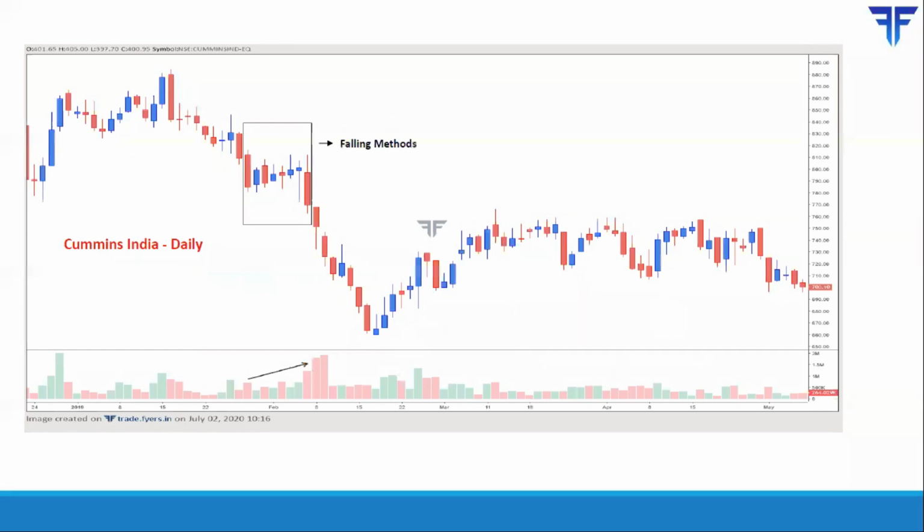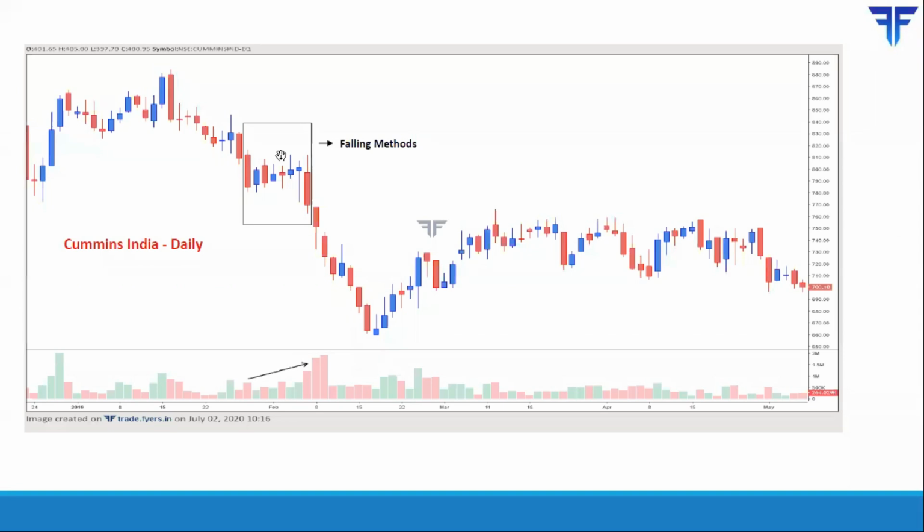Then this is the chart of Cummins India. As you can see, the stock price was in a downtrend. The first of the several candles was a tall bearish candle, indicating that the selling is strong. This bearish candle was then accompanied by, if you see, 1, 2, 3, 4, 5, 6 small-bodied consolidation candles, each of which was contained within the range of the real body of the first candle.